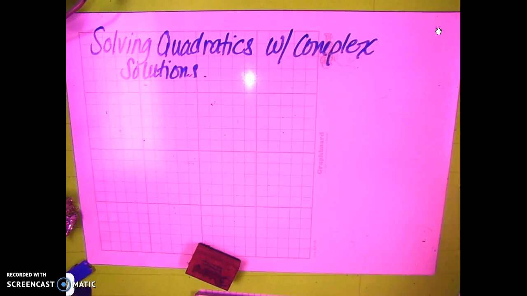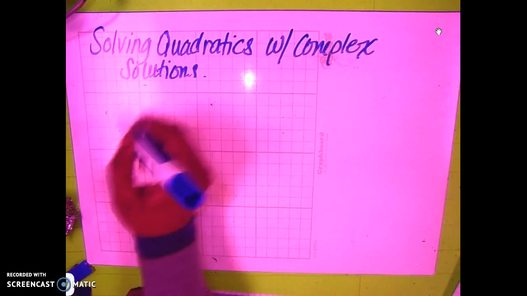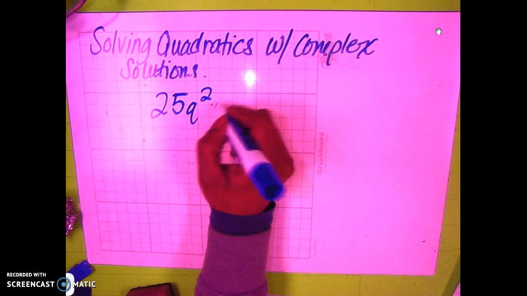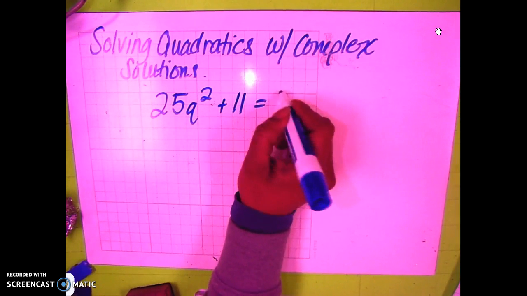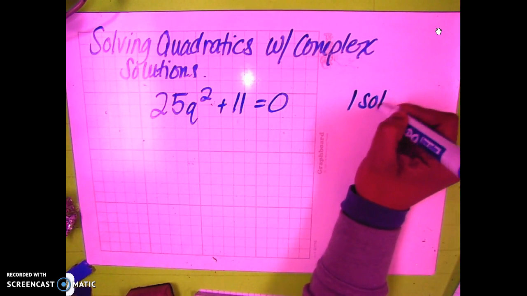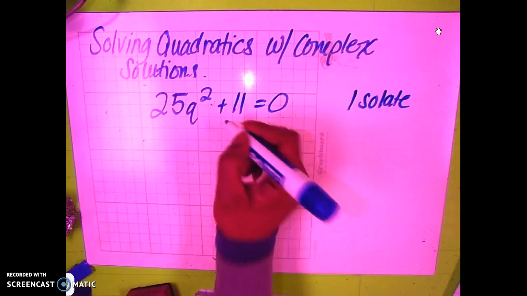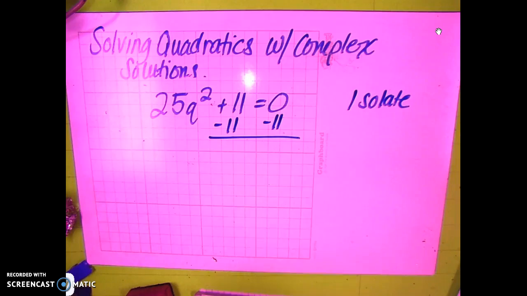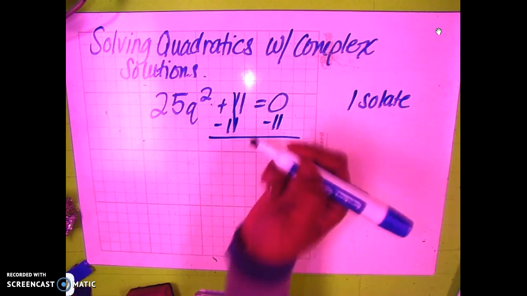The next example: 25q squared plus 11 equals 0. I'm going to isolate. So I'm going to subtract 11 from both sides. The 11s will cancel out.